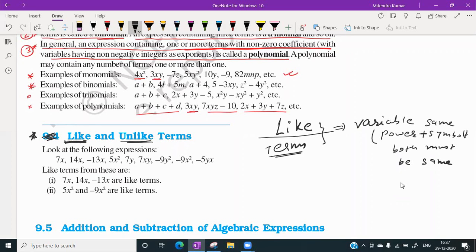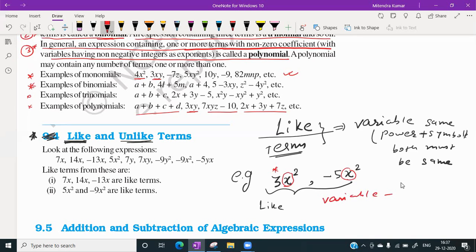So let me write down some examples. Example: if I write 3x square and I write minus 5x square, are these two like terms or not? How to check? First, forget about the numbers. You have to focus on the variable. Here the variable is x, and here also the variable is x.